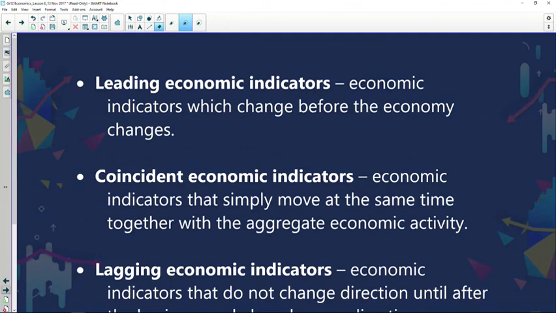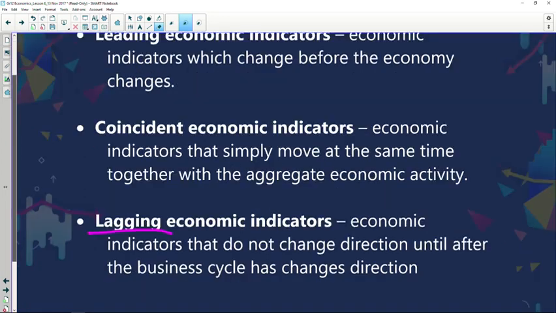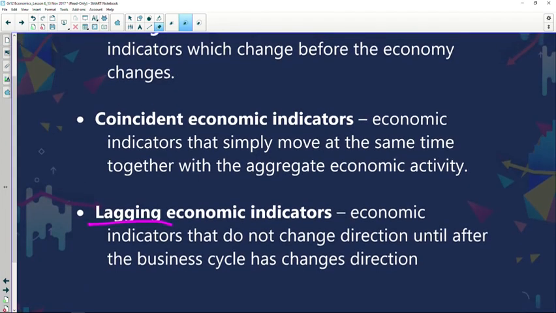Okay. And then we also discussed the leading economic indicators. These are economic indicators which change before the economy changes. And then we said the lagging economic indicators are the ones that do not change direction until the business cycle actually changes its direction.